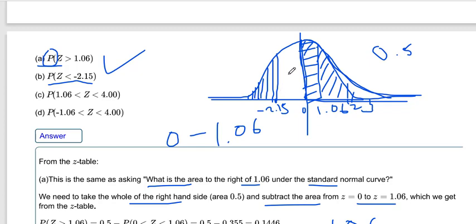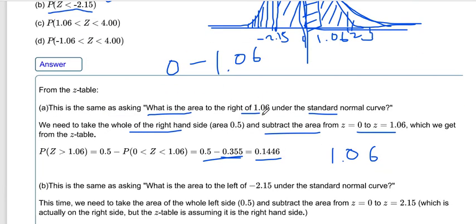How can we identify? Same as previous, this is 0.5. If we subtract from this 0.5 the area from 0 to minus 2.15, we can get the answer.